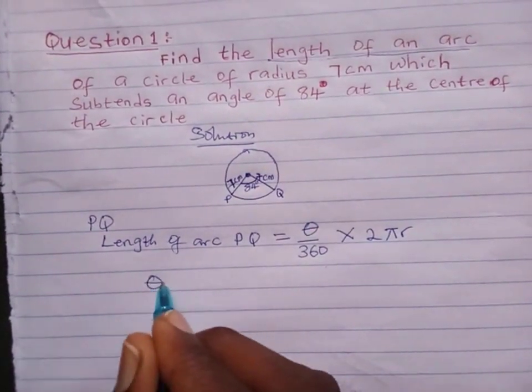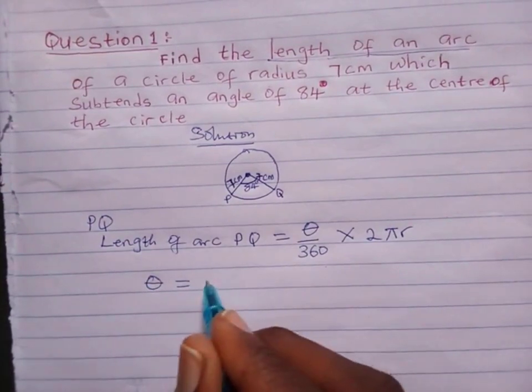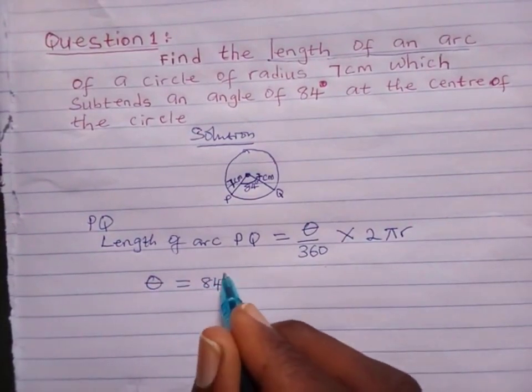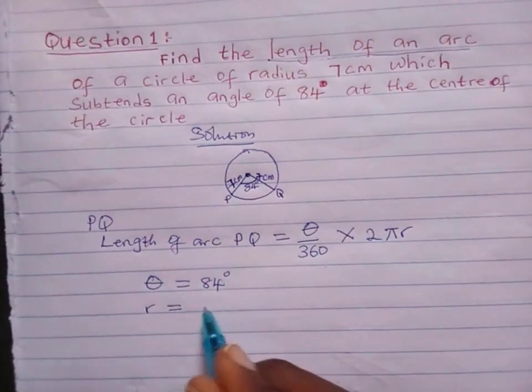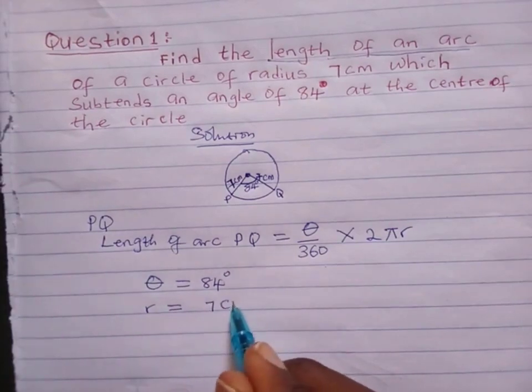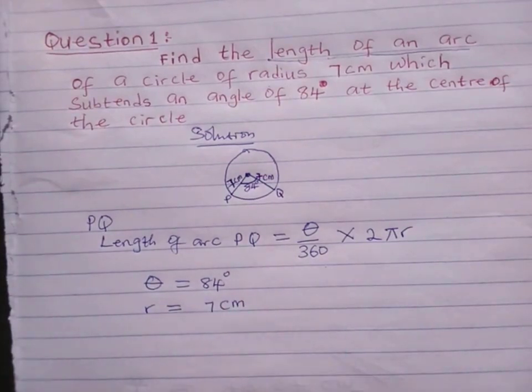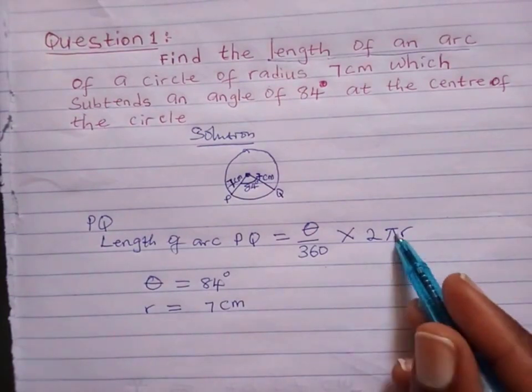The parameters we have are theta. Theta is given to be 84 degrees. And r, which is my radius, is given to be 7 centimeters. Another parameter is pi.